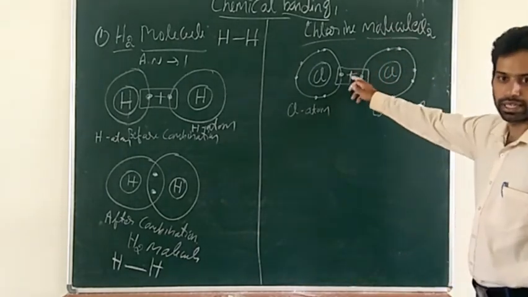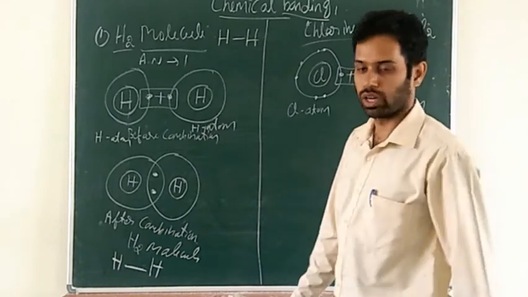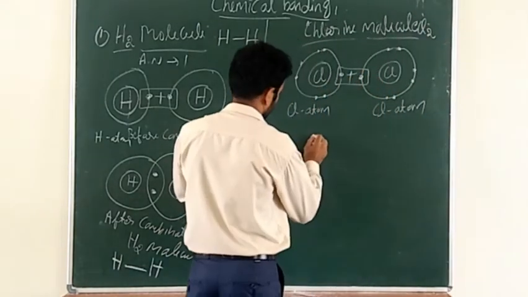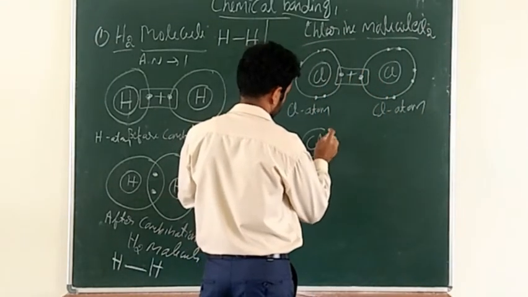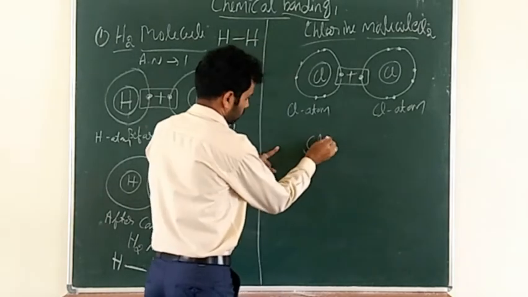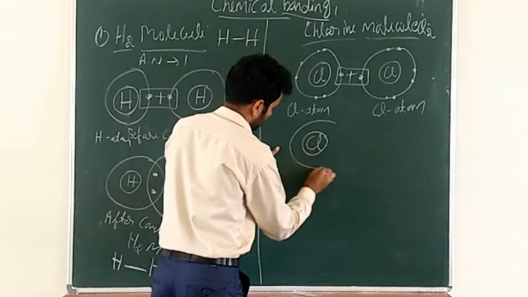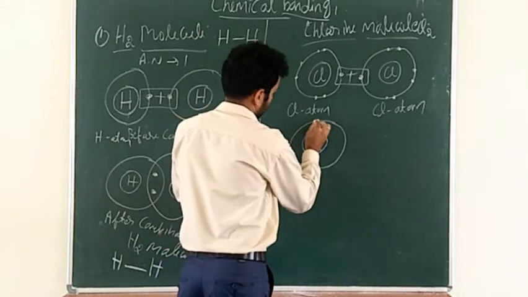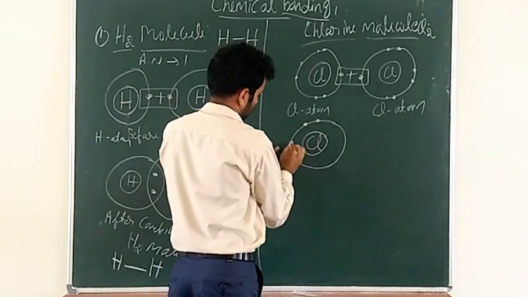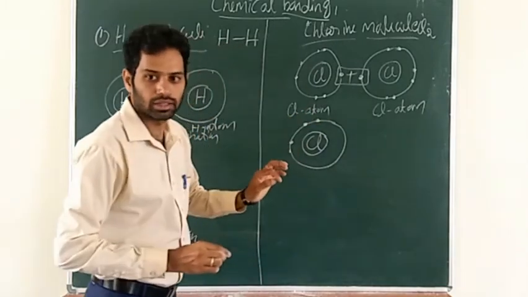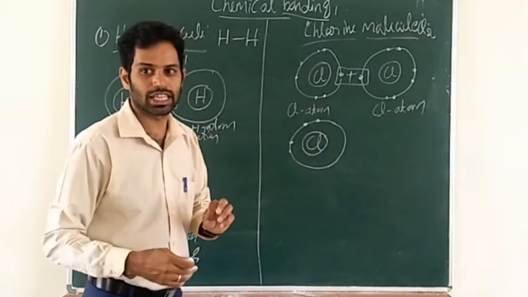By combining that electron, they are going to form the chlorine molecule. And write like this. By combining with the same atom, they are going to attain the stable state.